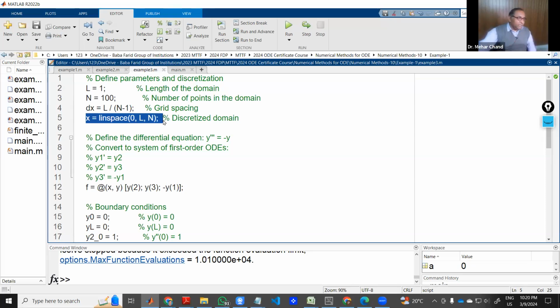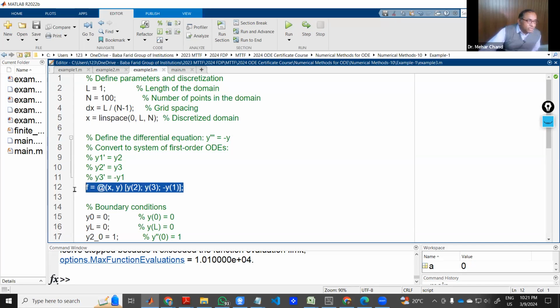And now we have the function of these three equations: y2, y3, and minus y1. So these are three system of equations, and these are functions of x and y, and we are using an anonymous function here.